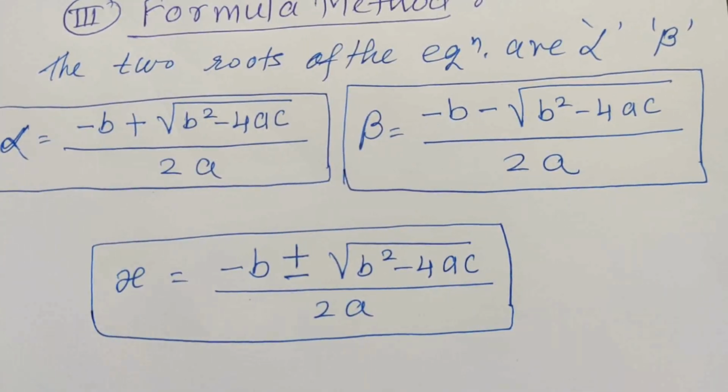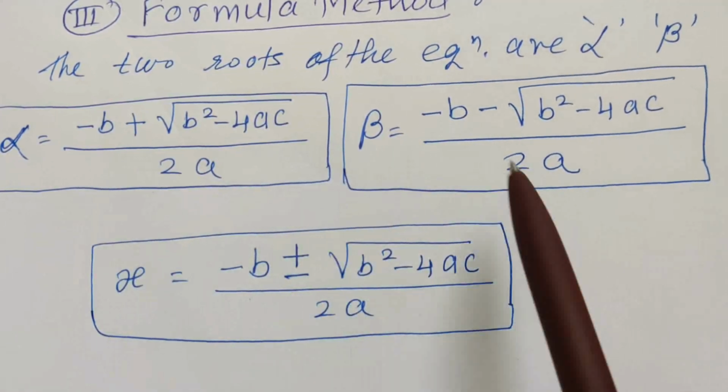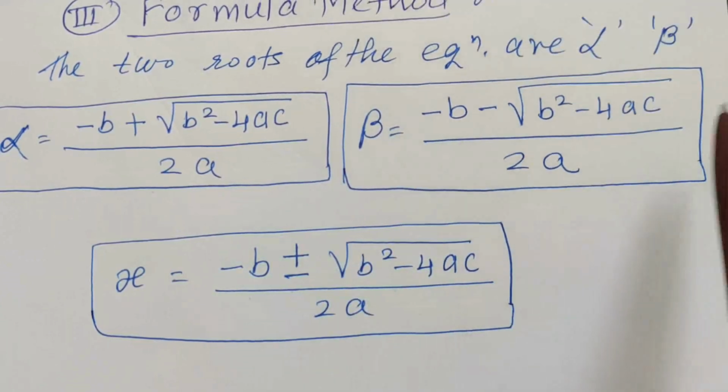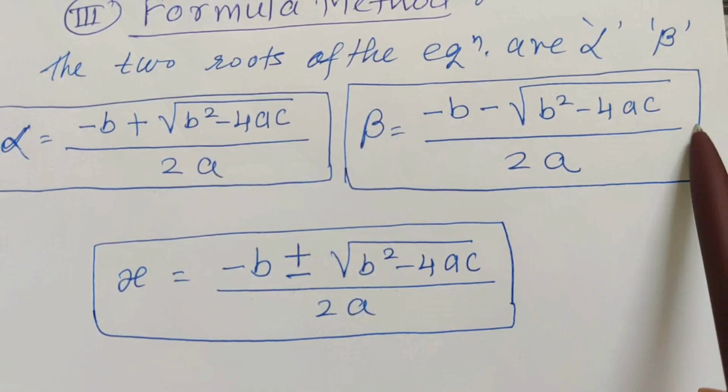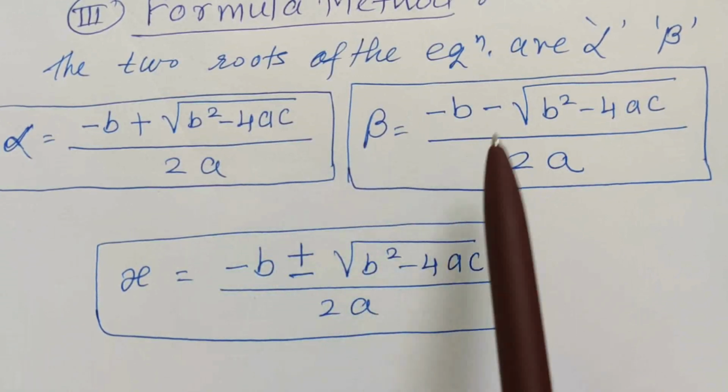So you will compare the equation with this a, b, c and just put the values in the formula and solve it. So one example we will solve using the formula. Using the separate formulas I will use and show you.